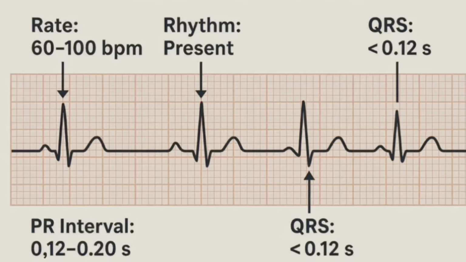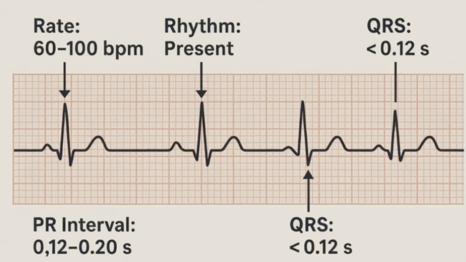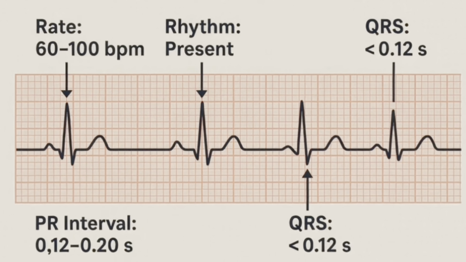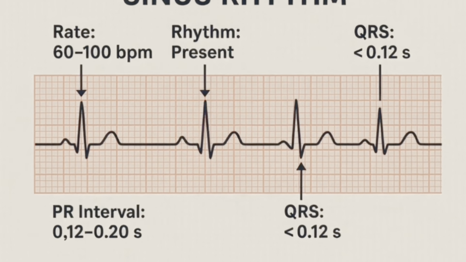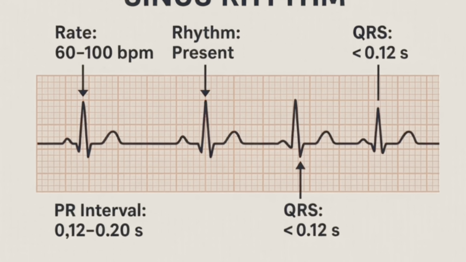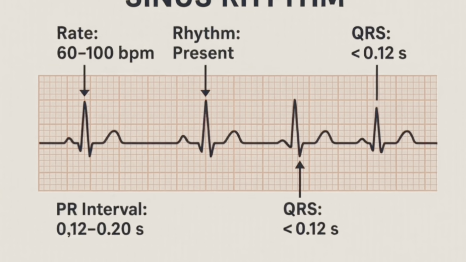Okay, so you will see that there is a P before every QRS complex. That P is upright, and the P is also of the same size or morphology throughout. Additional criteria is your PR interval, from the beginning of your P to the beginning of your QRS, which will be 0.12 to 0.20 seconds, which represents 3 to 5 small boxes.